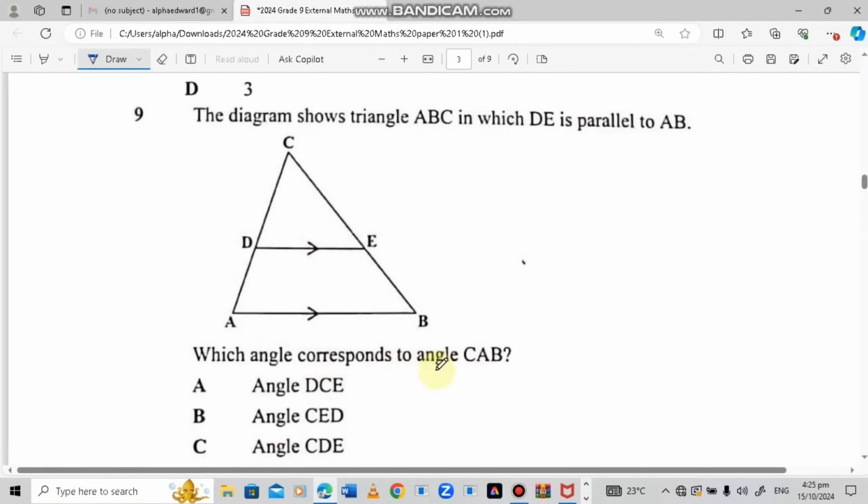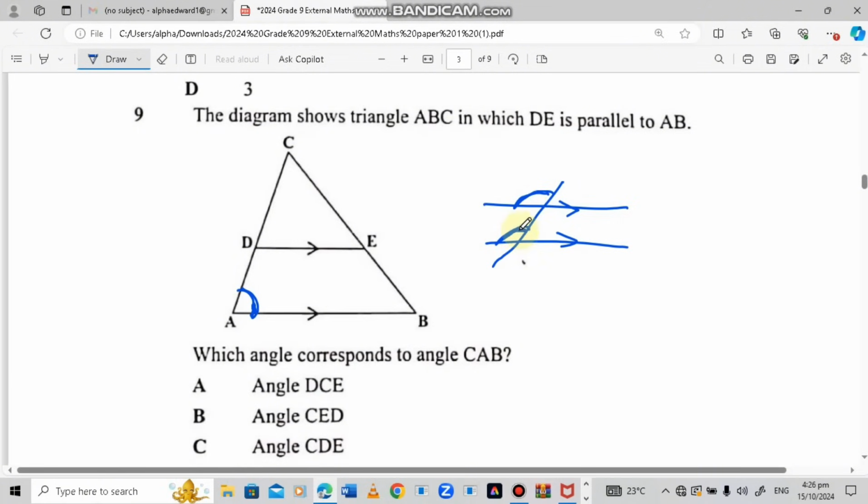Which angle corresponds to angle CAB? So they are asking us to find the angle that corresponds to this angle. So if you have 2 parallel lines like this, and then you have a transversal, this angle here is sitting exactly at the same position as this angle.